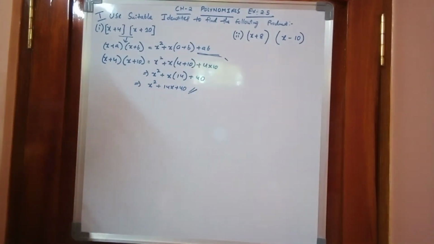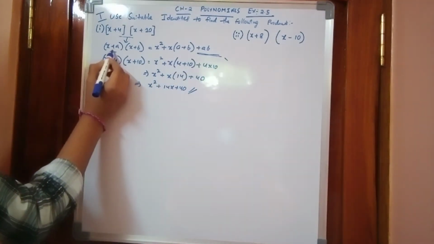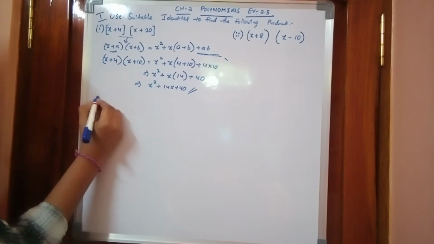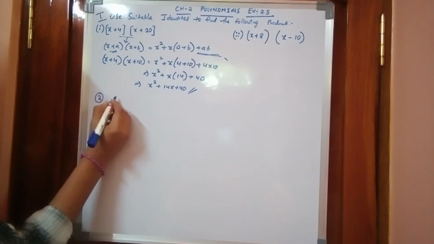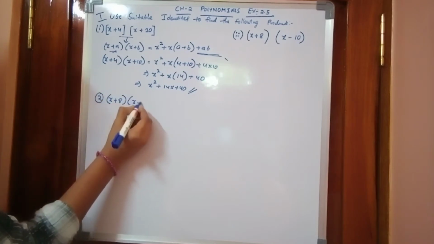Now coming to the second one, (x plus 8)(x minus 10). We have to substitute in this form. I am not writing the formula for the second one, directly substituting x plus 8 and x minus 10.